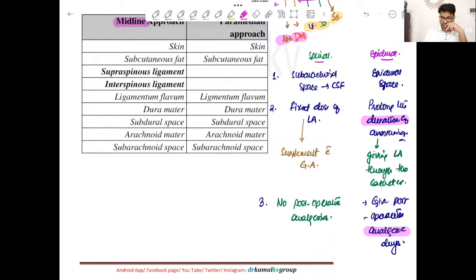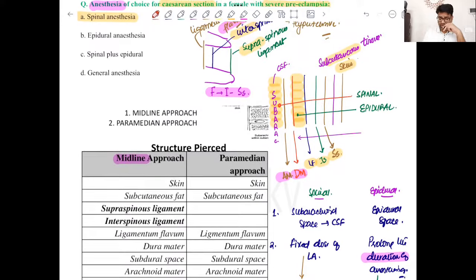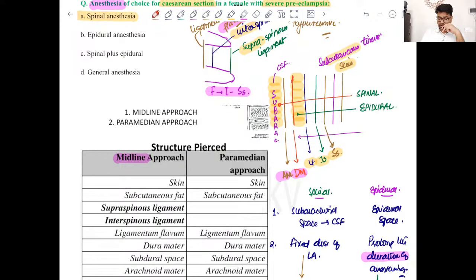Now, what is the disadvantage? In terms of disadvantage, this is a simple technique, right? Many people can do it very easily, but this is an expert technique, so a person has to be quite perfect in performing epidural anesthesia, because you have to restrict yourself above the dura mater.